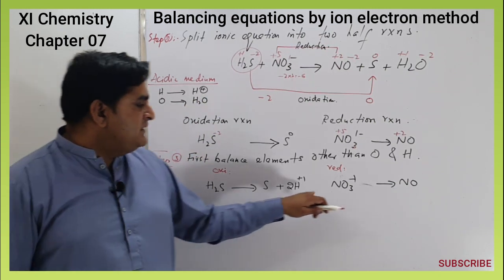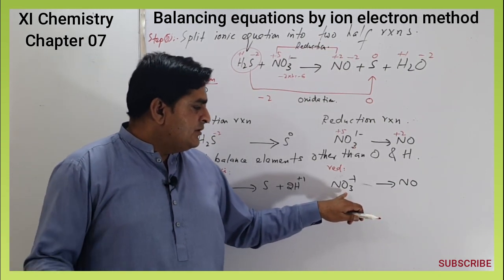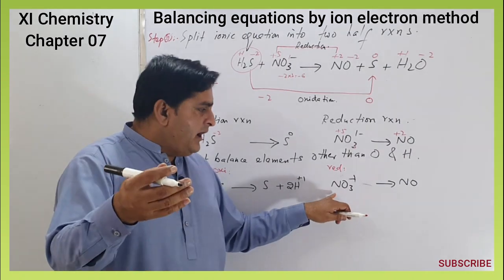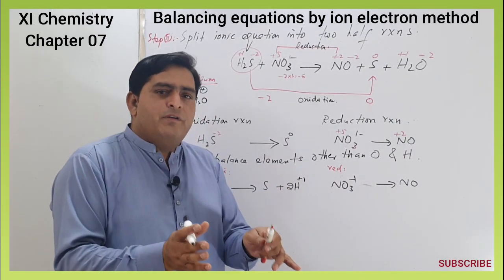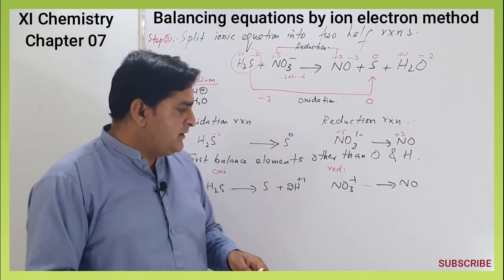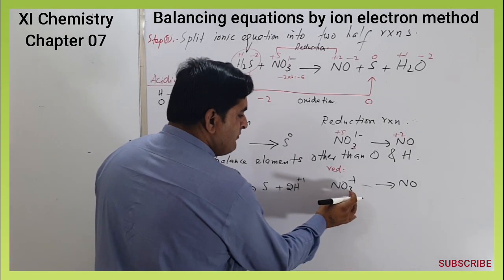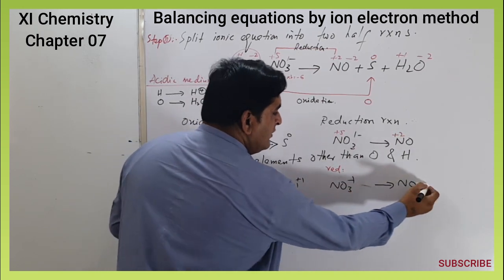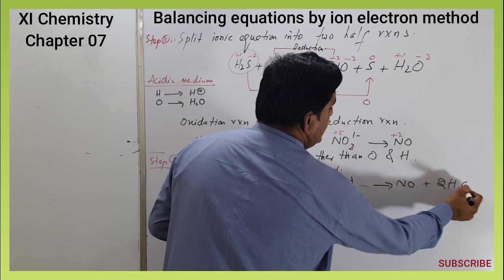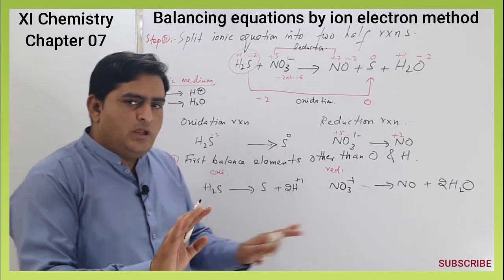Whatever the number of oxygen atoms deficient at that side, we add a number of water molecules equal to the deficiency of oxygen atoms. For example, here there are 3 oxygen atoms, here there is 1. So how many oxygen are deficient? 2. So we write 2 water molecules directly here without thinking anymore.